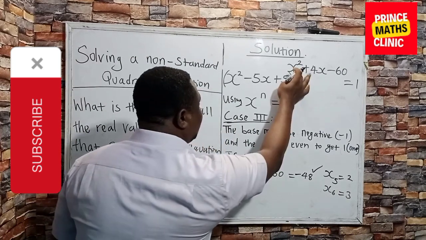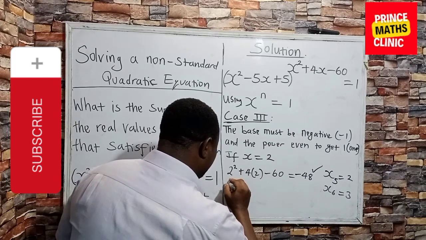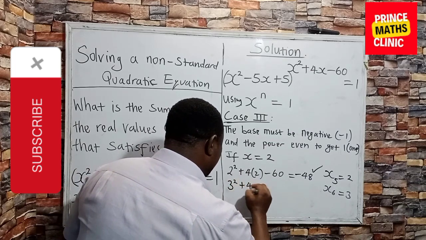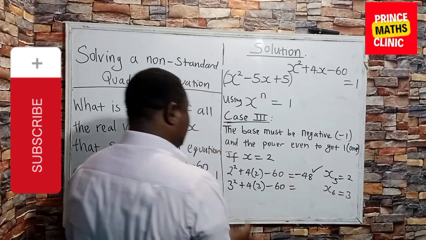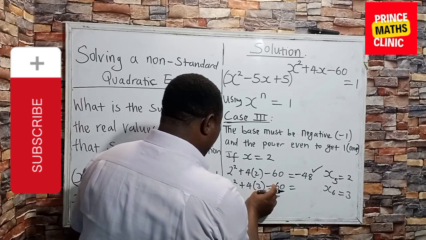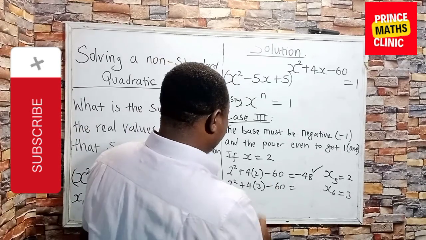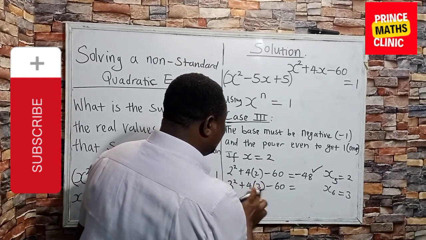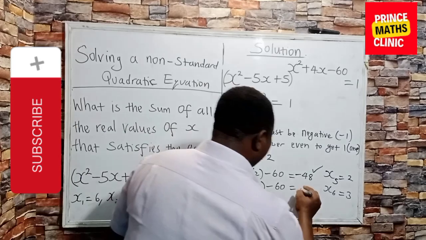If x is 3, let's plug 3 into the value for x in the power here. This will be 3 squared plus 4 times 3 minus 60. 3 squared is 9. 9 plus 12 is 21. And 21 minus 60 is negative 39.